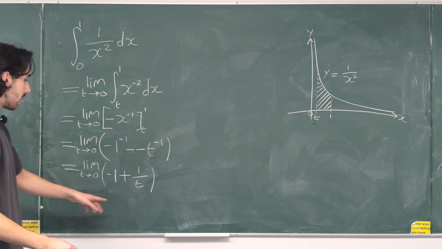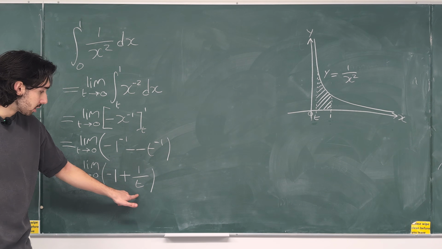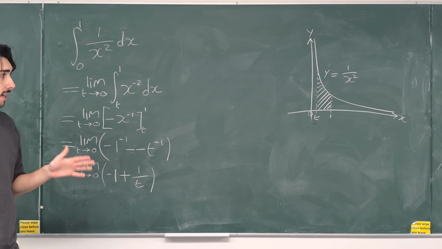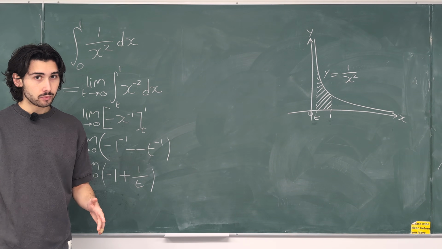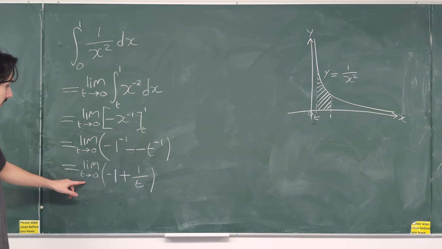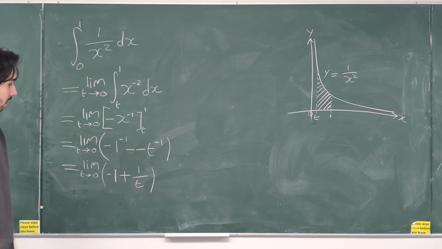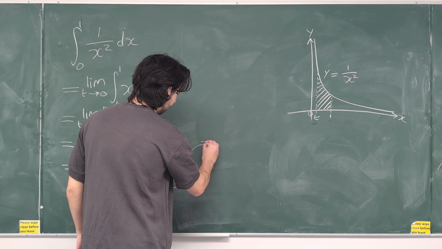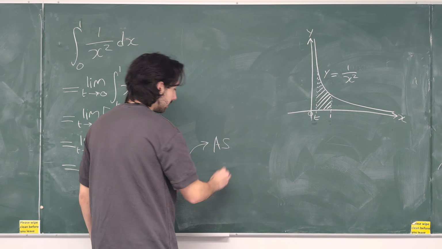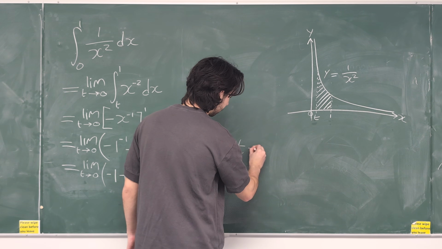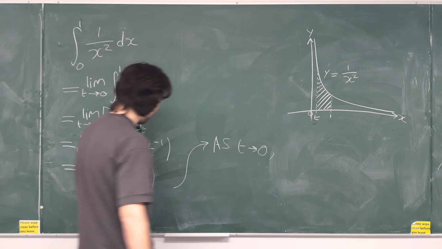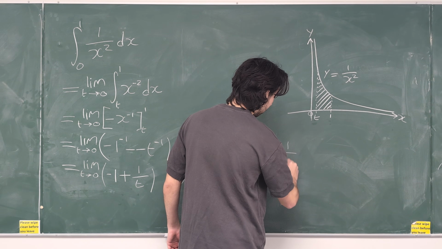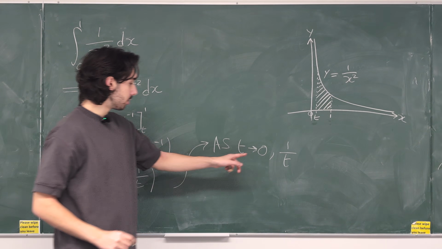Now guys, this here is an expression for the area that I have drawn if t is a number between 0 and 1. But now we're going to let t actually approach 0. And what happens? Well, as t approaches 0, what we have is this 1 over t. And what do you think that is going to approach as t approaches 0?